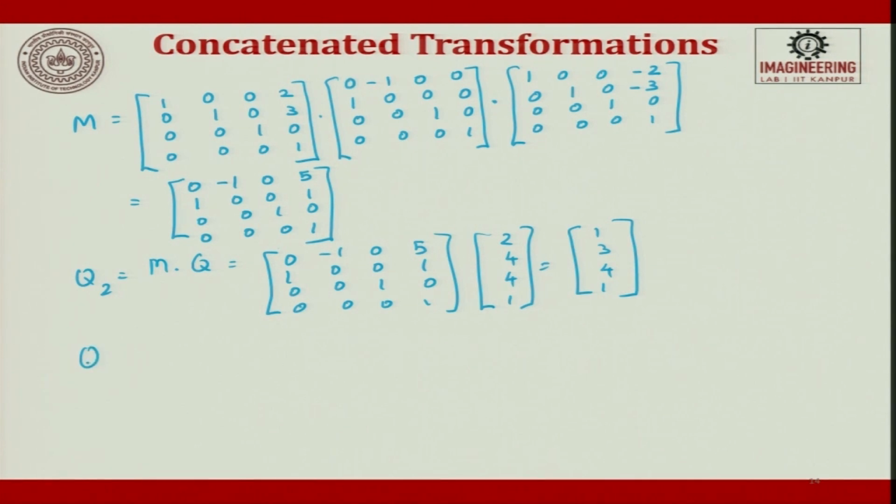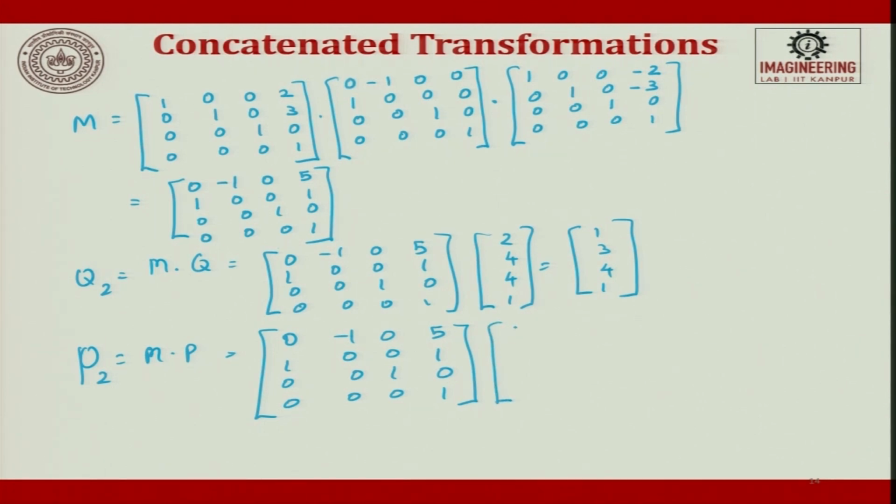When we try to do P2, you have 0 minus 1 0 5 1 0 0 1 0 0 1 0 0 0 0 1, and then you multiply by P. What is P? 2 3 4 1. What we get as answer is 2 3 4 and 1.